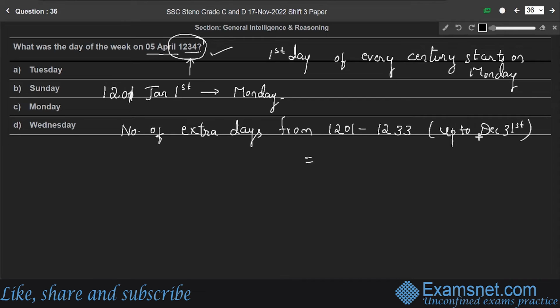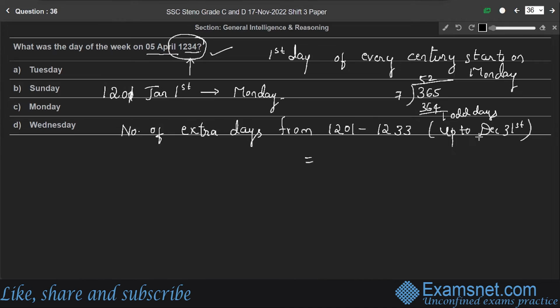In every year we'll have one odd day. If you consider 365 days in one year, divided by 7, you will have 52 weeks, which is 364, so there is one odd day in one year.